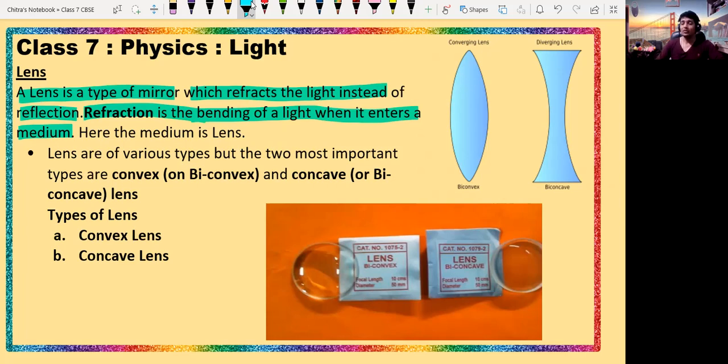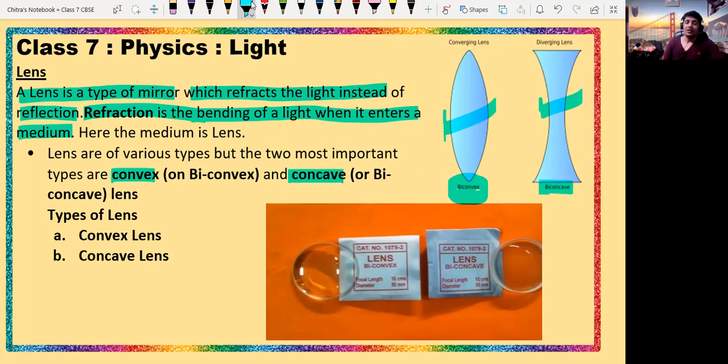So this is the biconvex lens and this is the biconcave lens. It is called the convex lens and this is the concave lens. Lenses are of various types, but two most important types are the convex and the concave lens.